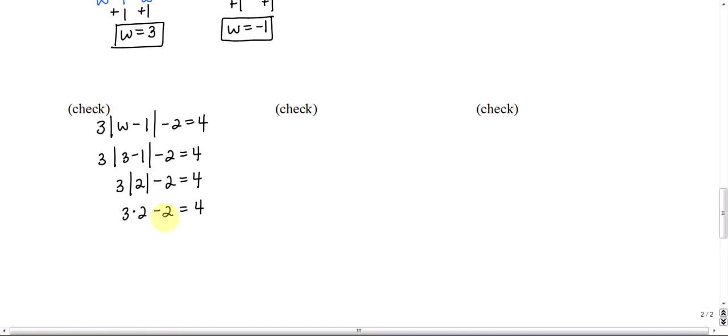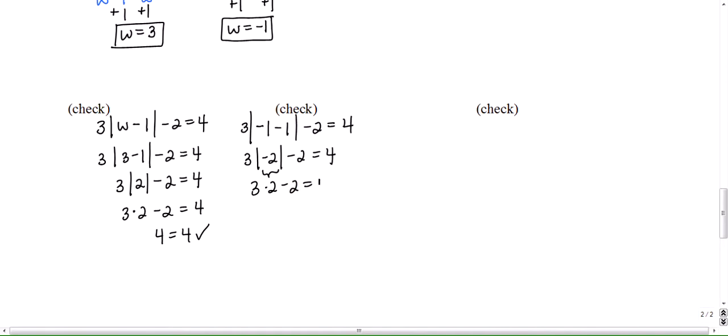And this is 6 minus 2, which is 4. And then I would also check it for the other one if I was doing a thorough check. Usually one's slightly harder to check than the other one. This looks like the harder one. This is going to be negative 2. This comes out to be positive 2. And it does check out.